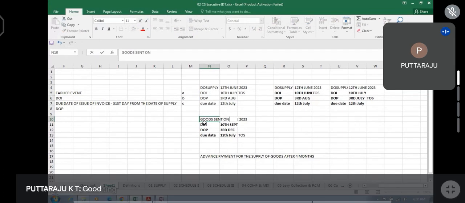Goods sent on sale or approval on 1st August 23.